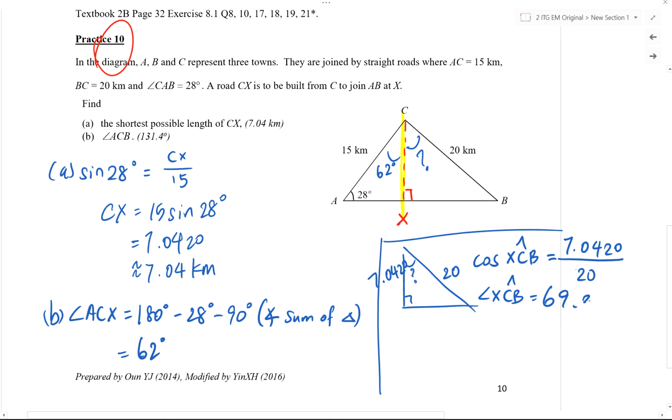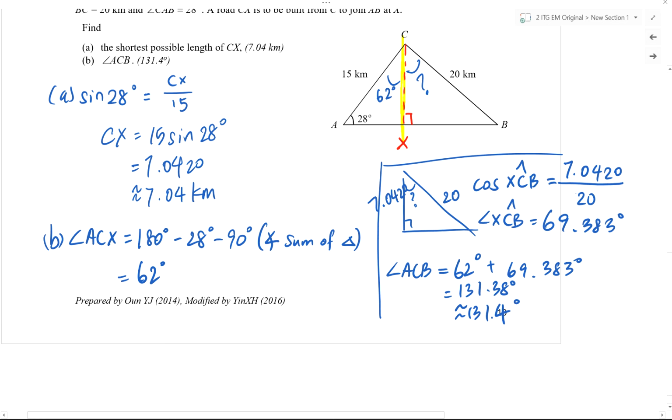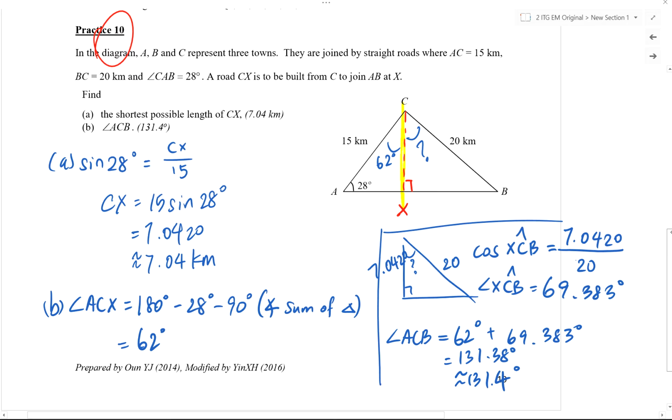So I get 69.383 degrees. Add up the two angles, angle ACB equals 62 plus whatever answer we just found. And we get 131.4. So question 10 done.